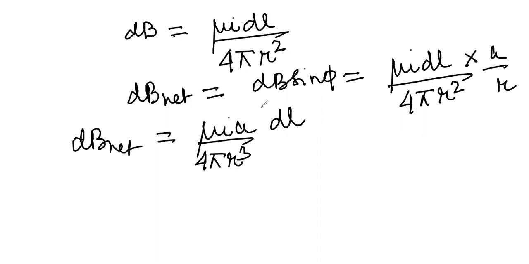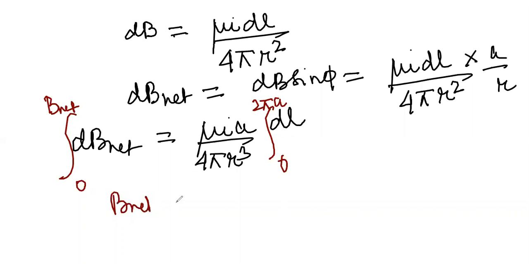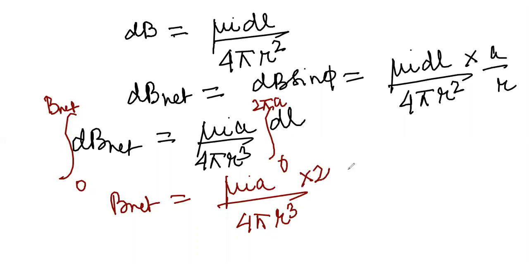So if I integrate over here, this will be from 0 to 2 pi a, and this will be from 0 to B net. So you'll be getting B net is equal to mu I a divided by 4 pi r cube into 2 pi a.